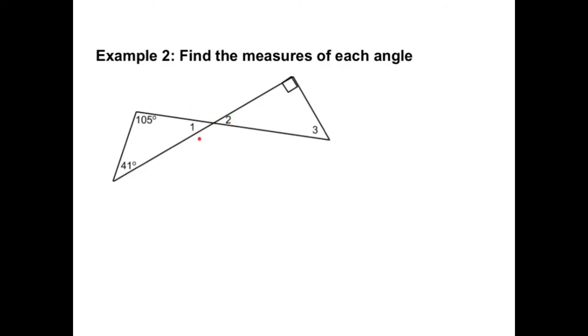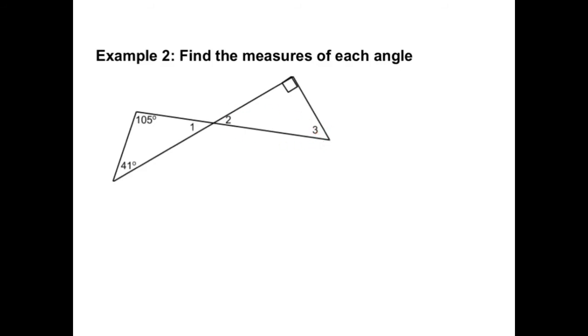The reason why I'm starting with angle 1 first is because in this triangle, I know 2 out of the 3 angles. So I can use the angle sum theorem here to find angle 1, then I can use vertical angles to find angle 2, and then I can use the theorem about 90 degrees left in the right triangle to find angle 3.